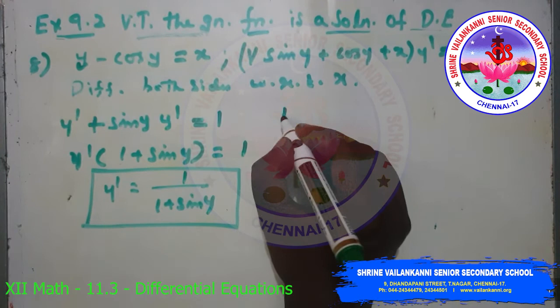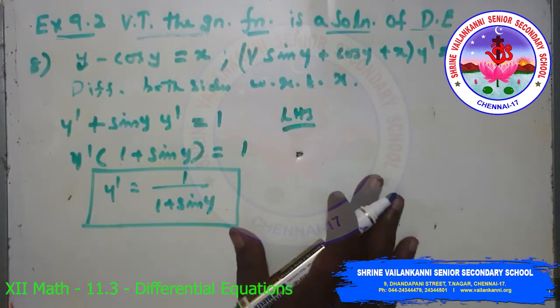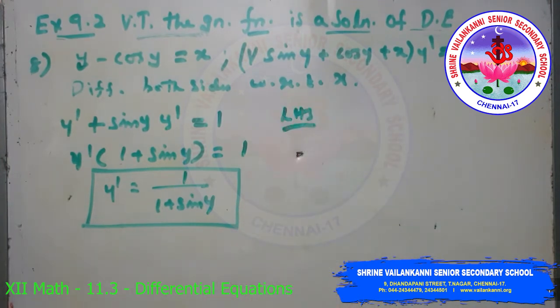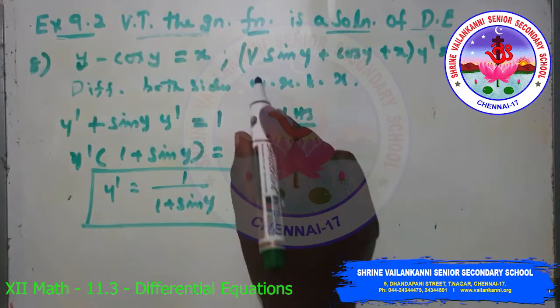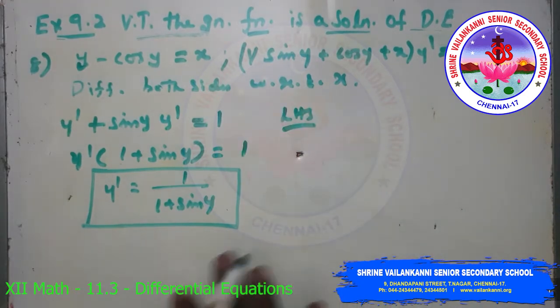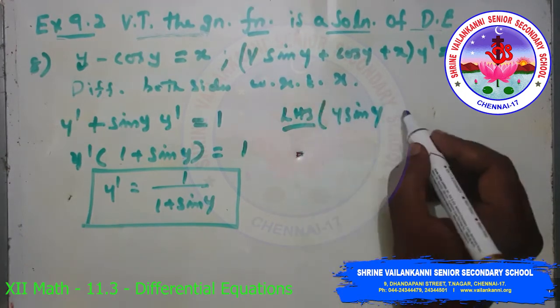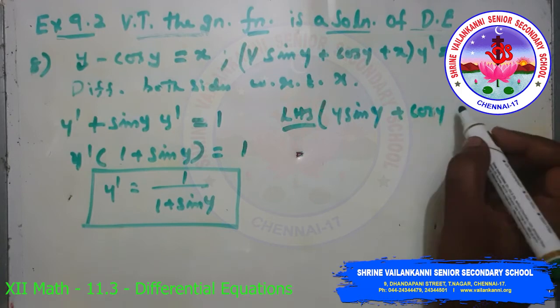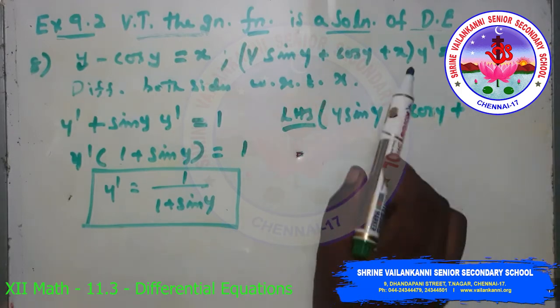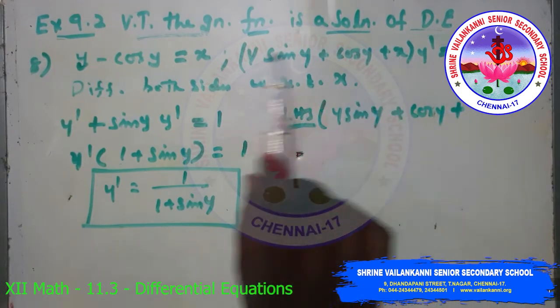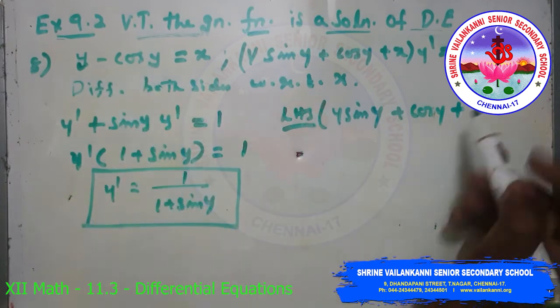So LHS is y into (sin y plus cos y) plus x into y dash. So y sin y plus cos y, plus we substitute x as y minus cos y.